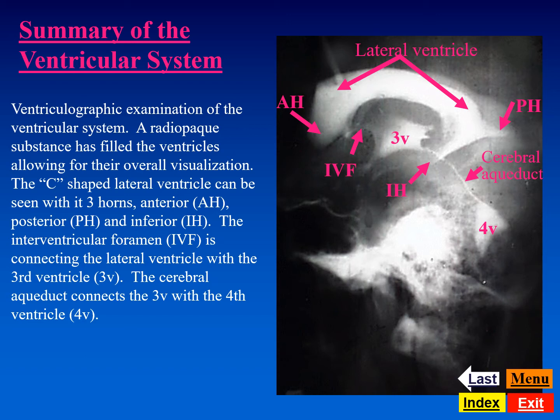Eventually, of course, all the cerebrospinal fluid flows into the subarachnoid space from the fourth ventricle by way of the three openings, the foramen of Magendie and two lateral foramina of Luschka.